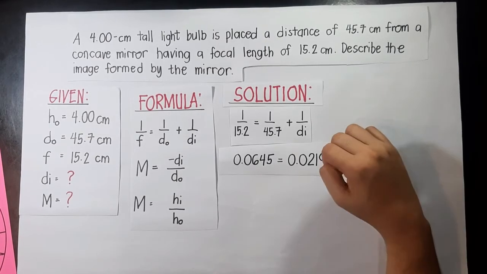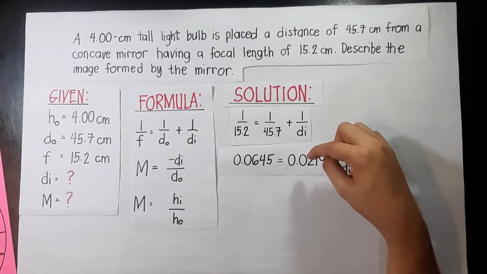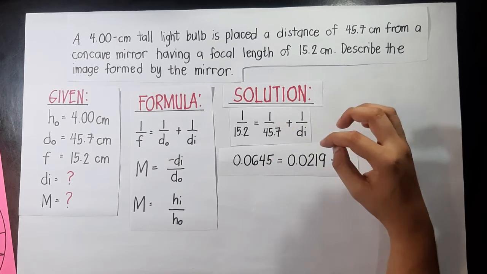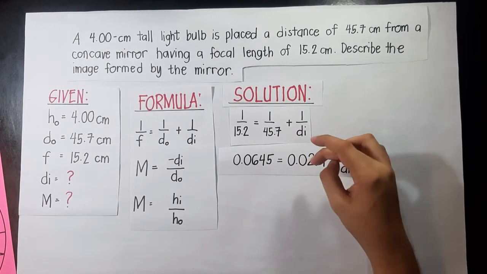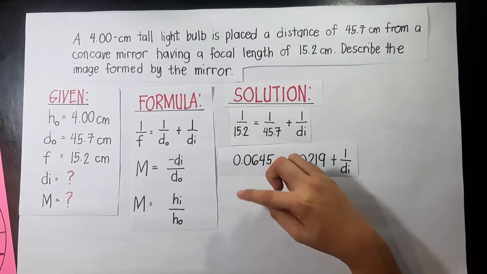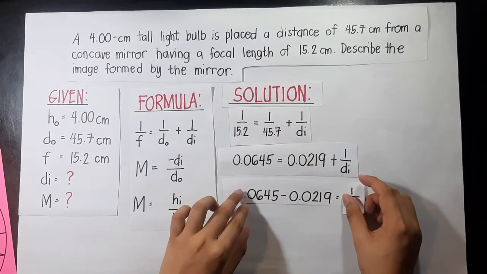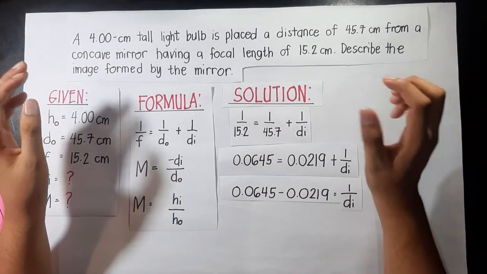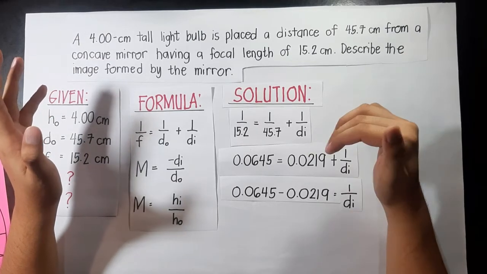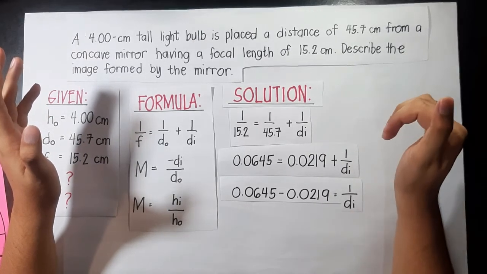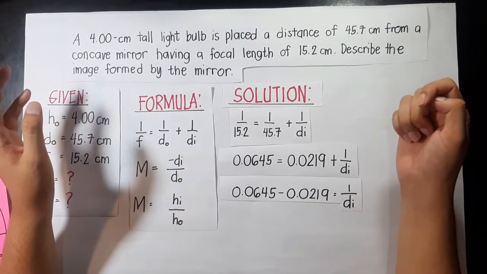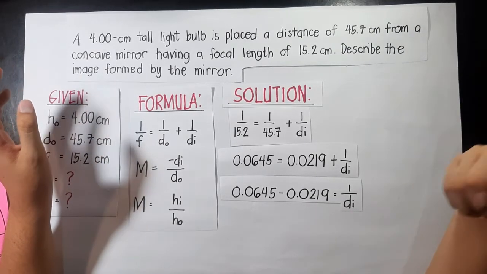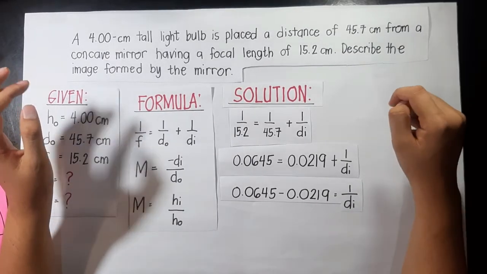So how are we able to do that? We can do that by simply transposing 0.0219 to the other side, to the left side. And that will give you an equation, something like this. So that will become 0.0645. That 0.0219 becomes negative kasi nag-transpose tayo sa kabila. That will become minus 0.0219 is equal to 1 divided by DI.